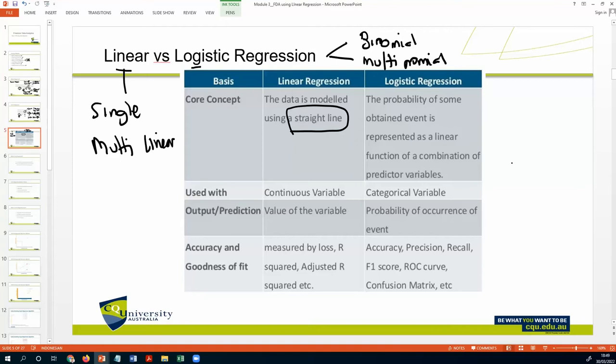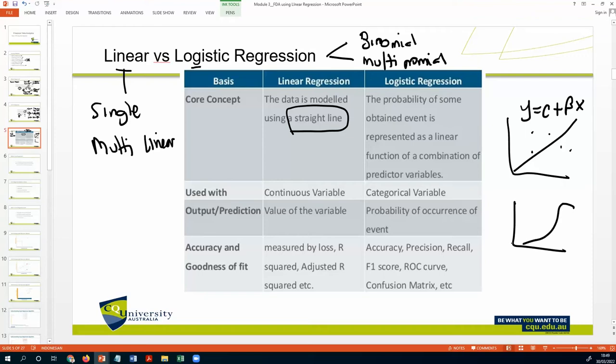So with the data like this, the model is going to be a straight line: Y equals C plus beta X. And logistic regression uses the sigmoid model, which we are going to discuss later.